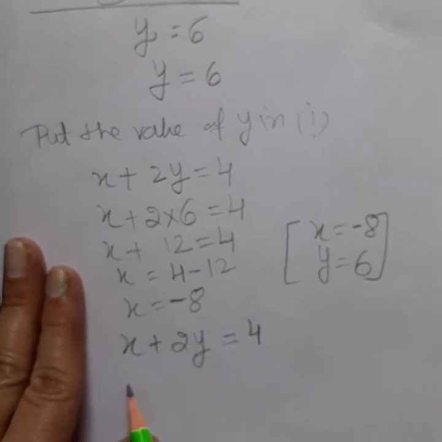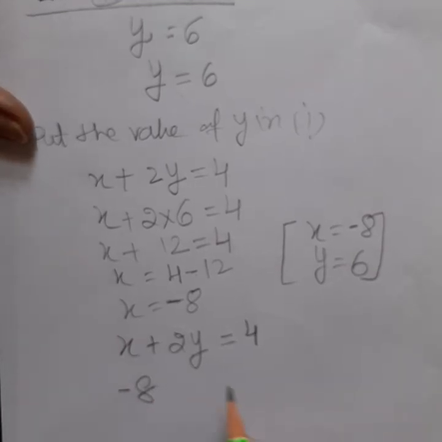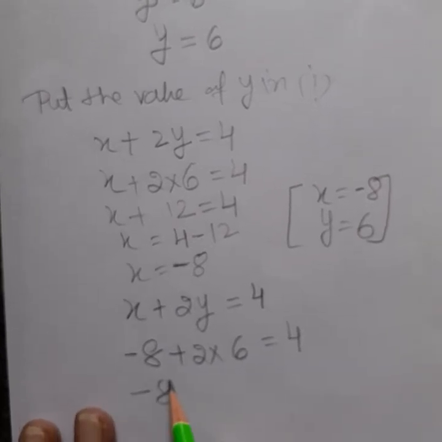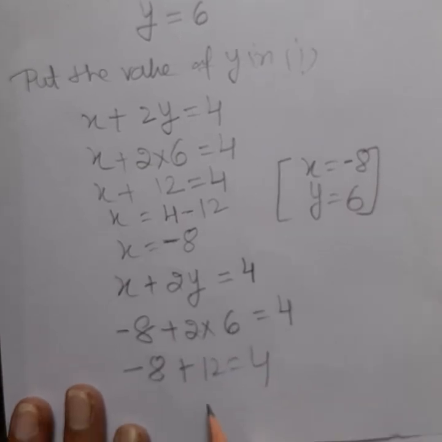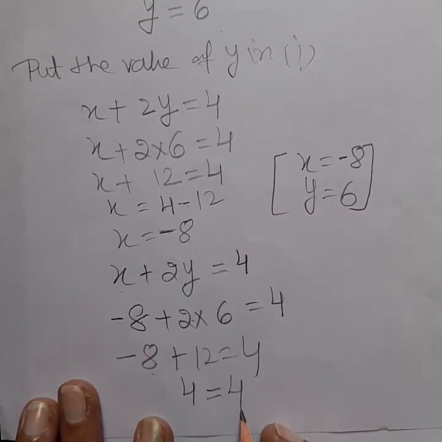Now you can put here x is equal to minus 8. Okay students, and y is equal to 6, and we get 4 here. Now you can see here we find the term minus 8 plus 2 times 6, that is 12, and 12 minus 8 we get 4, so 4 is equal to 4.